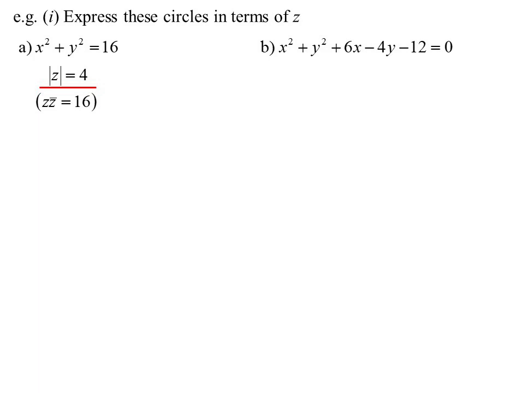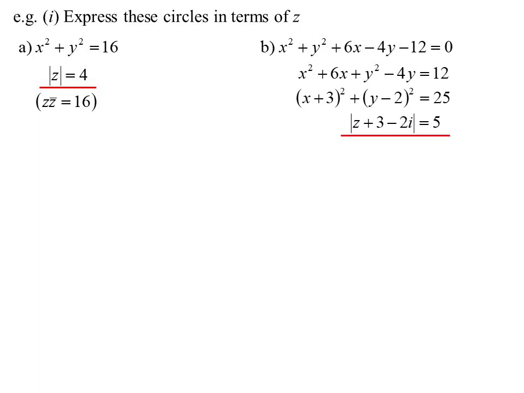Well, what about this one? I'm going to need to find the centre, so complete the square. Half the coefficient of x would be 3, and half the coefficient of y would be negative 2. 3 squared is 9, negative 2 squared is 4, so 9 and 4 is 13. Add that to the 12, we get 25. We can now see the radius is 5, the centre would be at negative 3, 2.